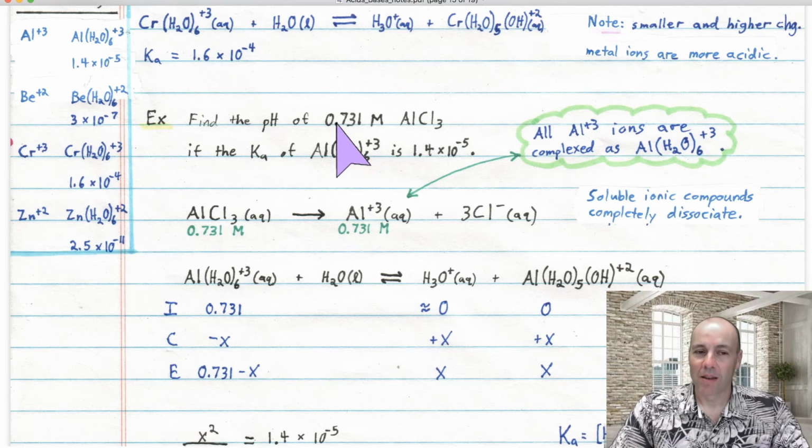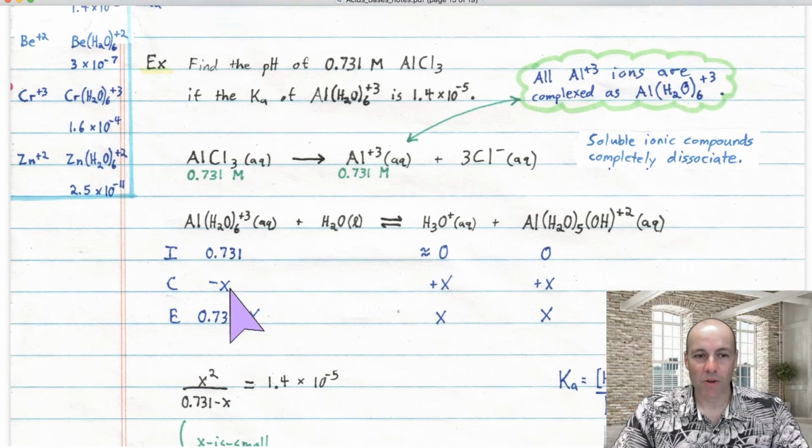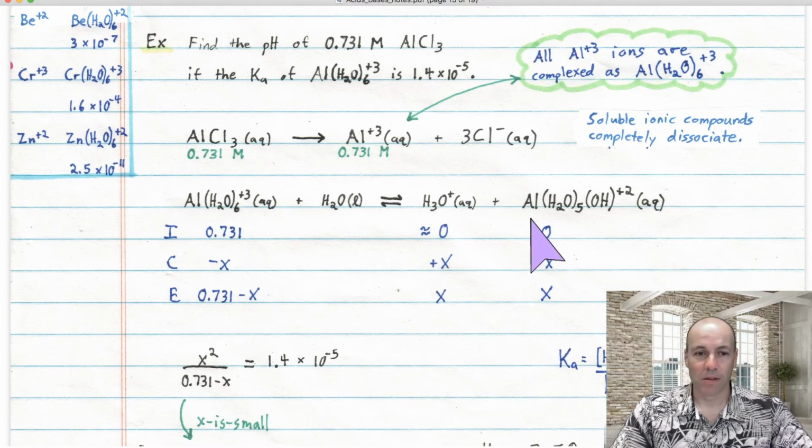So really, if you have 0.731 molarity aluminum chloride, that means you have 0.731 molarity aluminum ions, and also 0.731 molarity of the aluminum hexahydrate complex ions. So the hexahydrate complex is what acts as a weak Arrhenius acid, and here's the equilibrium that it undergoes, releasing a proton.